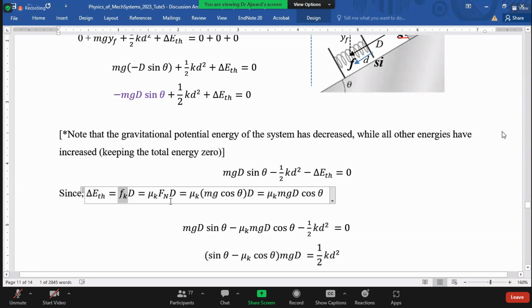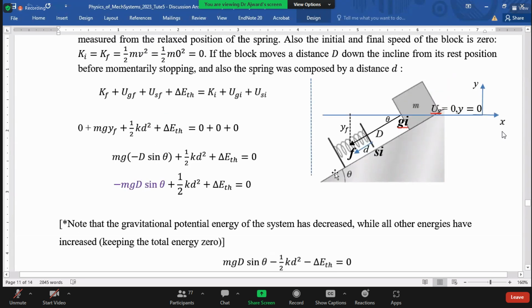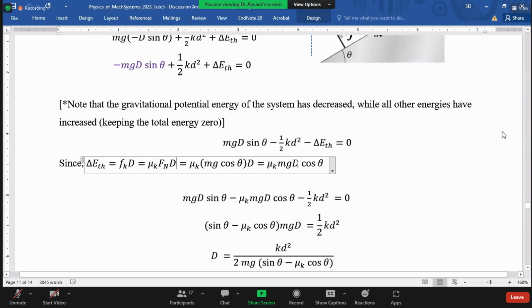But the f_k is what? It's mu_k F_n, where mu_k is the coefficient of kinetic friction, F_n is the normal force, and d is the displacement, that is this displacement.